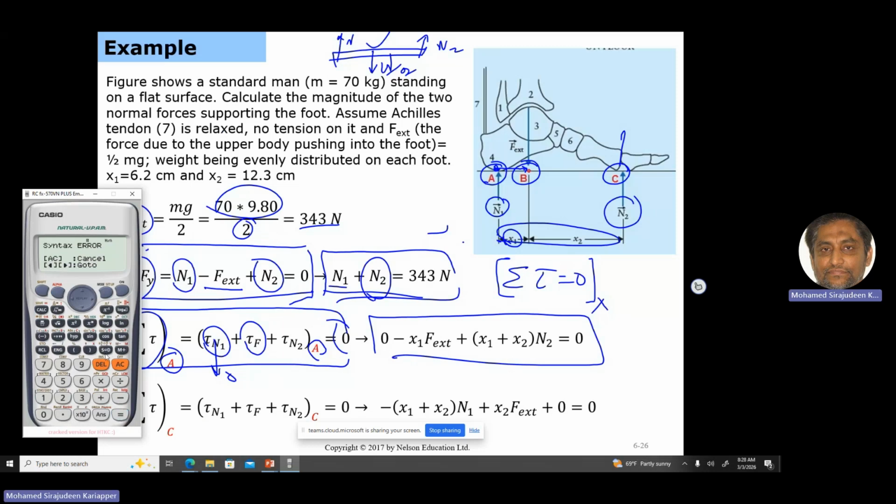What did I do wrong? Okay, I did something wrong. Let me check my equation. 0 minus 6.2 multiplied by 343 plus 6.2, 12.3, multiplied by x equal to 0. I don't see what I did wrong. That's very strange.